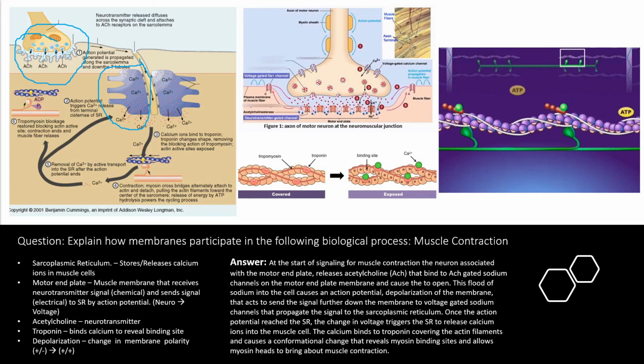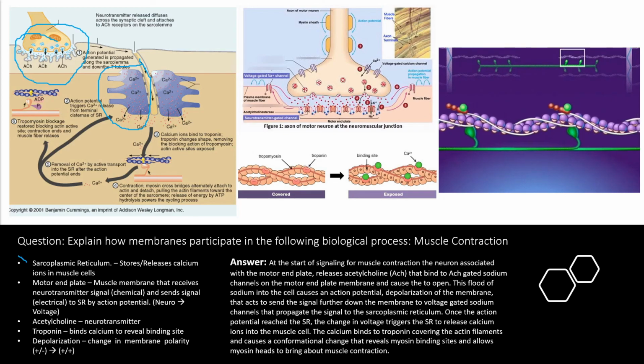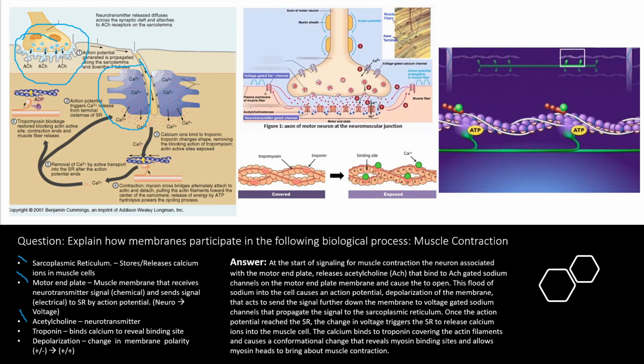And so some vocabulary to use I put over here: sarcoplasmic reticulum, of course that's what releases the calcium. The motor end plate, so this is our first site where membrane signaling happens. Then we have acetylcholine. This is the neurotransmitter that is sent across the neuromuscular junction.